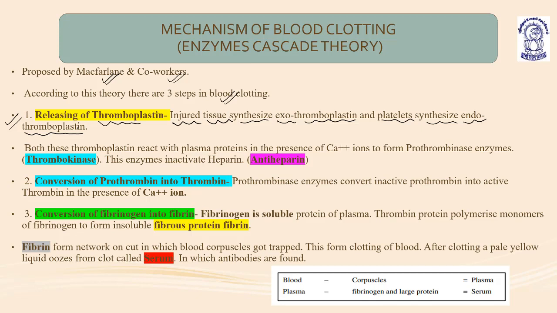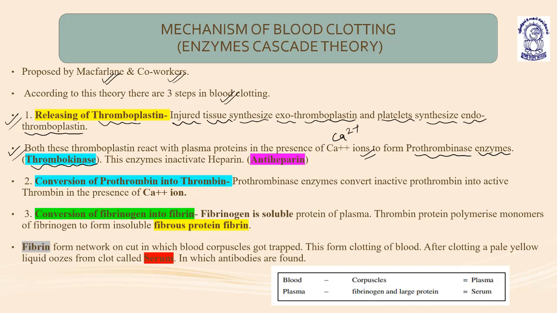Both of these, exo and endothromboplastin, react with different proteins which are present in the plasma, and in the presence of calcium, very important, calcium divalent Ca2+ ions, to form prothrombinase enzyme or thrombokinase.